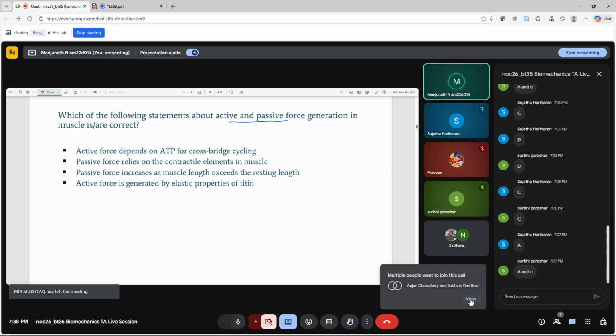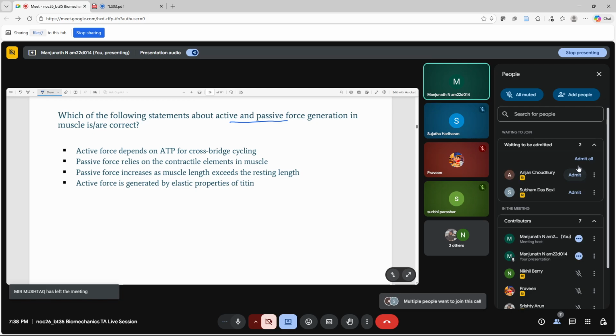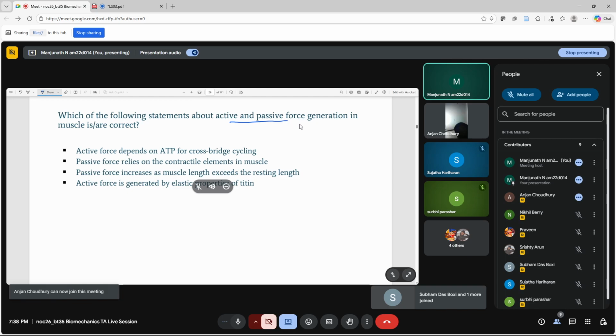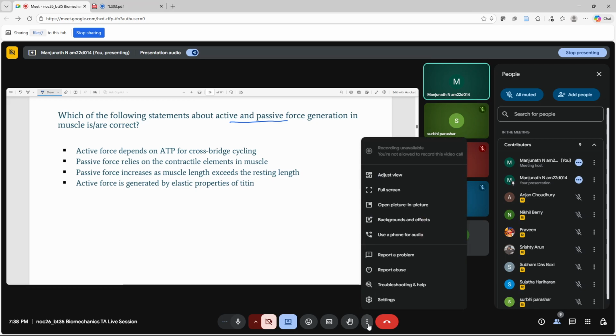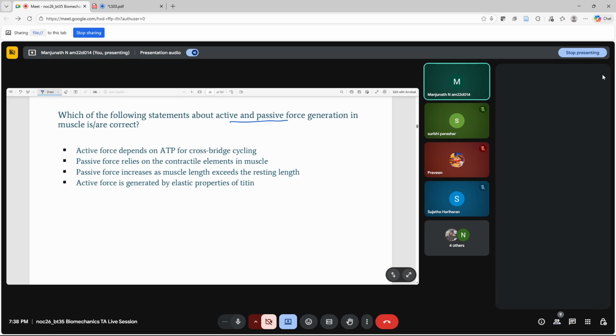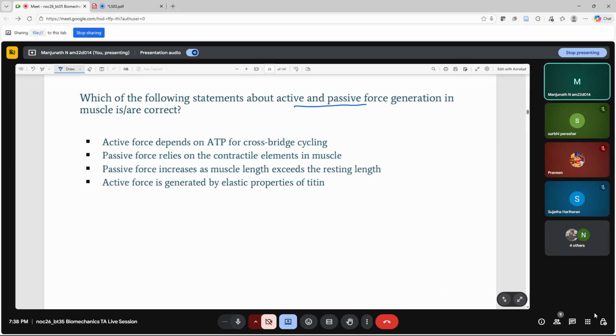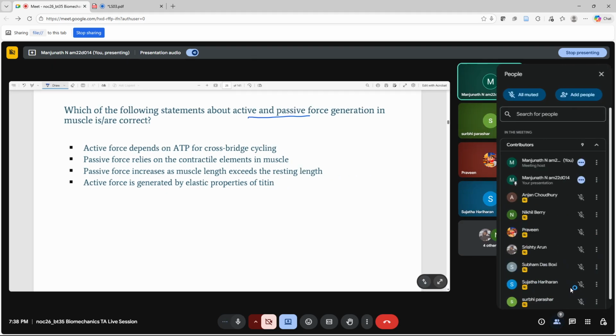So basically, what are active and passive force?